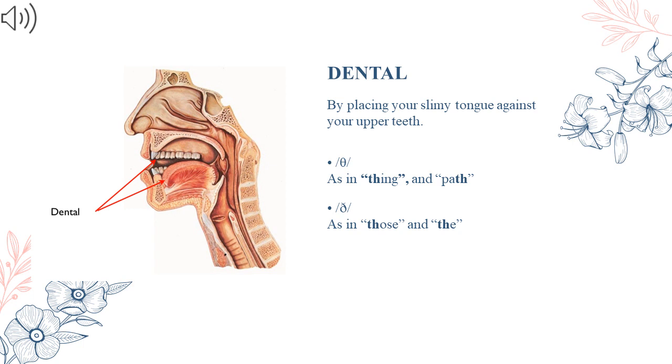The other one is also created with the TH, but it has a slightly different sound. The difference is that the second sound includes a little bit of vibration. So this one occurs in those and the. The first sound has no vibration and the second sound is very similar to the first sound, but includes a little bit of vibration.